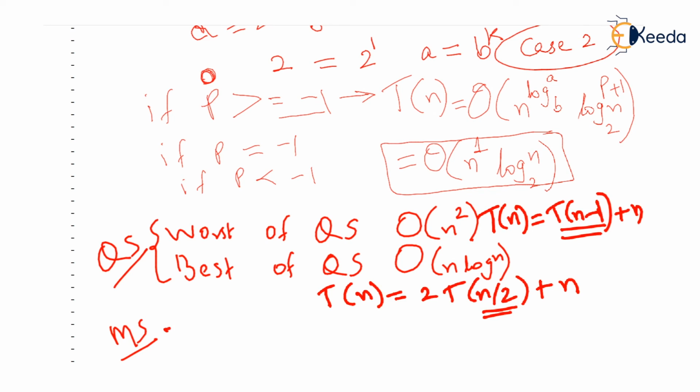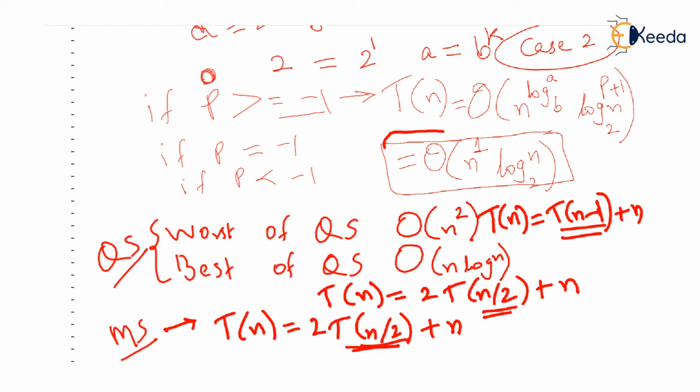But merge sort will always have a recurrence relation T(n) equal to 2T(n by 2) plus order of n, because we are dividing the array into two segments by finding the midpoint. So that's it. That is the analysis of merge sort. It works in theta of n log n, or big O of n log n.